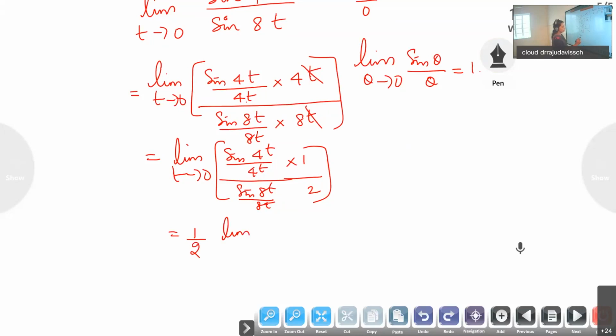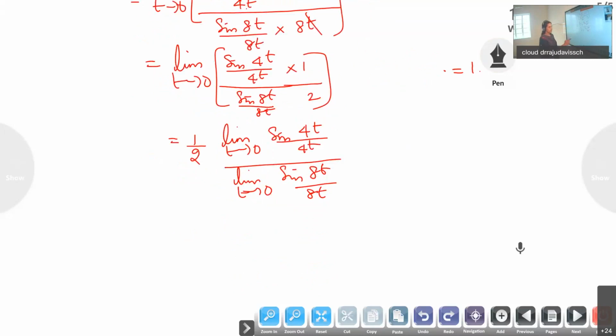So it is the same as limit t tending to 0 sine 4t by 4t over limit t tending to 0 sine 8t by 8t, which is 1 by 2 into 1 by 1. So the answer is 1 by 2.